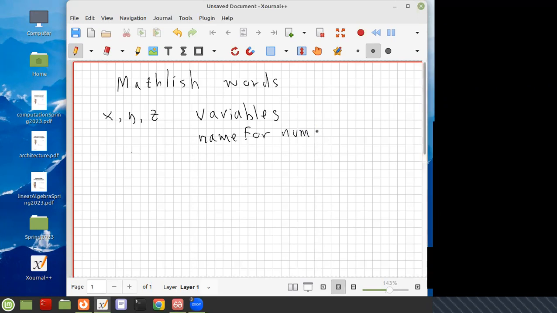A synonym for number is numerical value. Numerical value is the same thing as a number. So it's a name for a numerical value that's not been chosen.